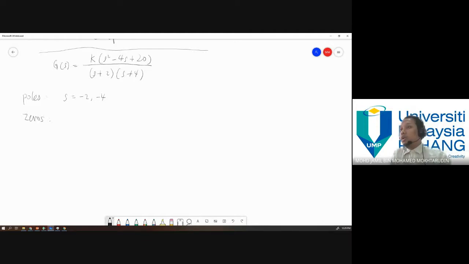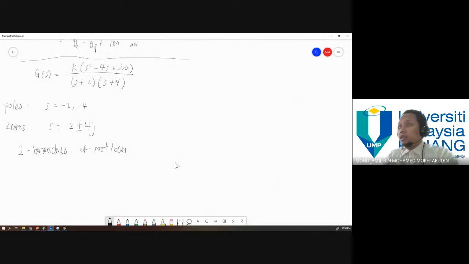I think you need to use a calculator for this one. So you get zeros at s equals 2 plus minus 4j. Okay, so we have 2 poles and 2 zeros, meaning that we have 2 branches. Then we can roughly sketch the poles and zeros on the s-plane.